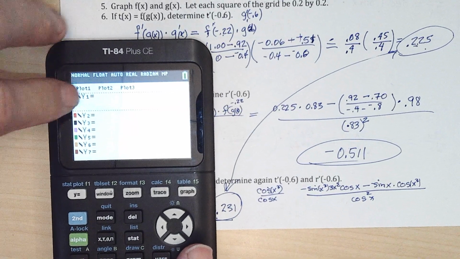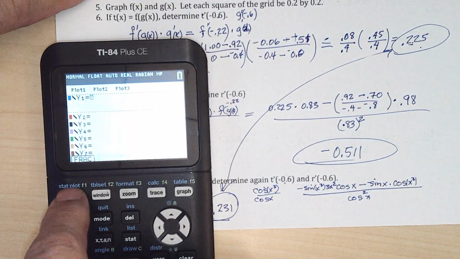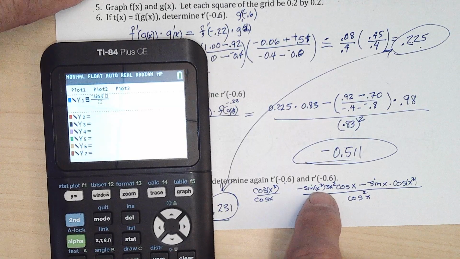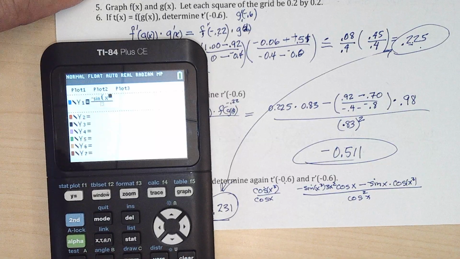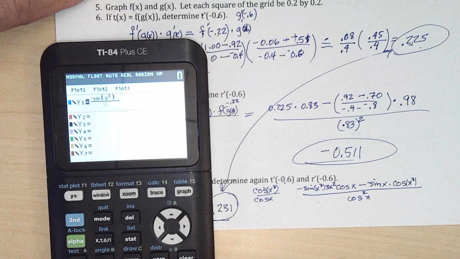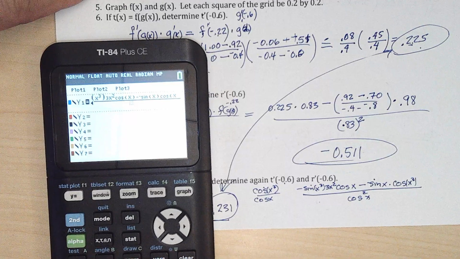You can do this on Desmos, call it f of x or something, but I'm going to go alpha y equals so I can get a fraction and type in negative sine of x to the third, close parenthesis, times 3x squared times cosine x, close parenthesis, minus negative sine of x times cosine of x to the third, close parenthesis, that's my numerator, over parenthesis cosine of x, squared.